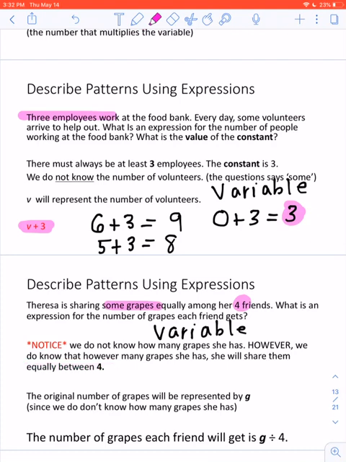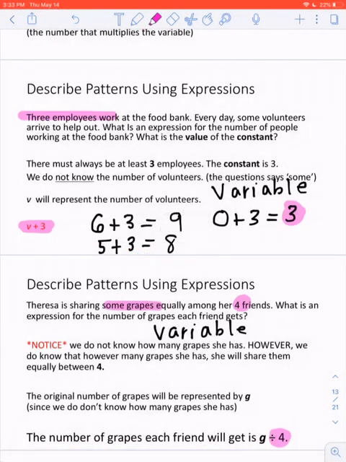So we're just going to use G for grapes. We don't know how many grapes there are. But we do know that she's going to share them between all of her friends. So, like I said, equally share always signals division. So in this case, the expression is G divided by 4, because however many grapes she has, she's going to split them between 4 people.